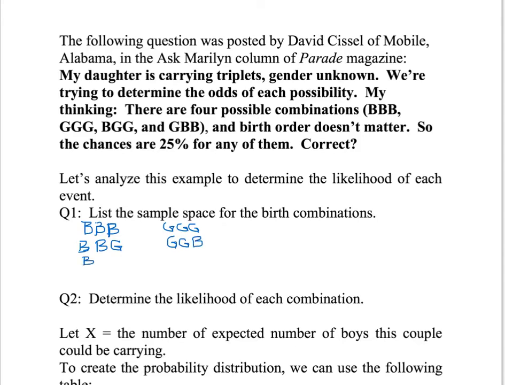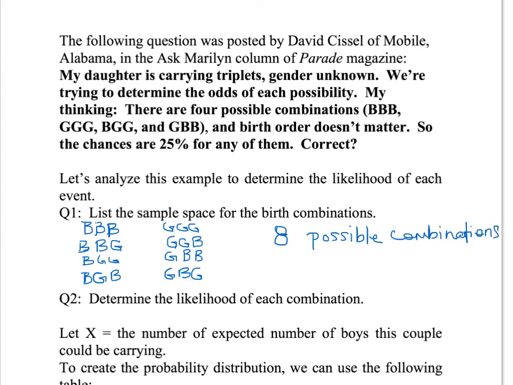There could be a boy, girl, girl. Or there could be a girl, boy, boy. Or there could be a boy, girl, boy. Or girl, boy, girl. So the first thing is order does matter, and so we see here that we have 8 possible combinations for birth order.